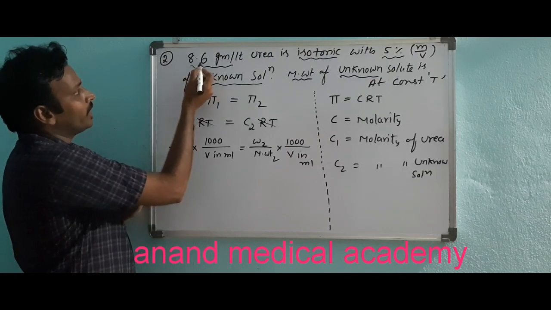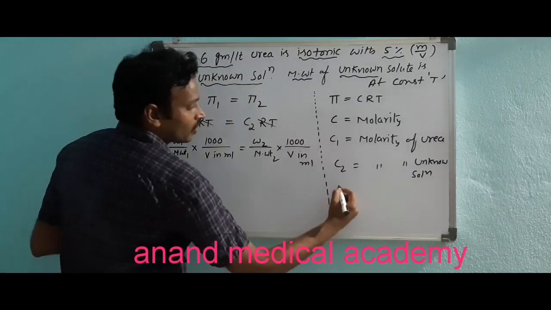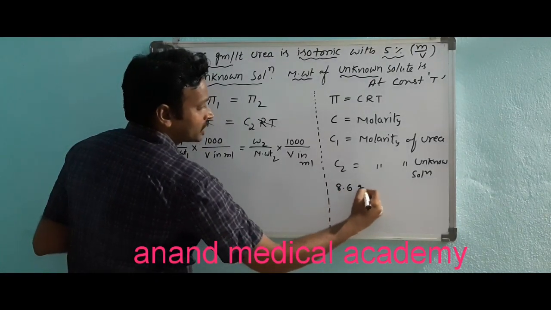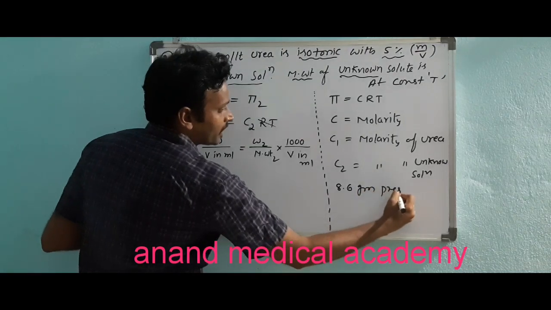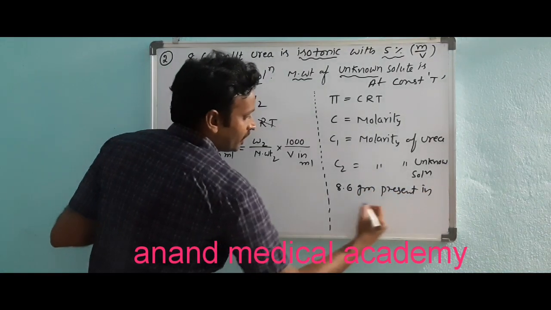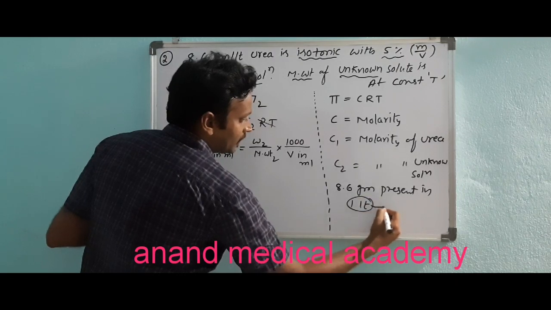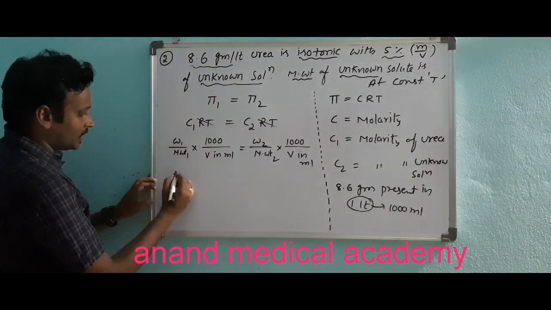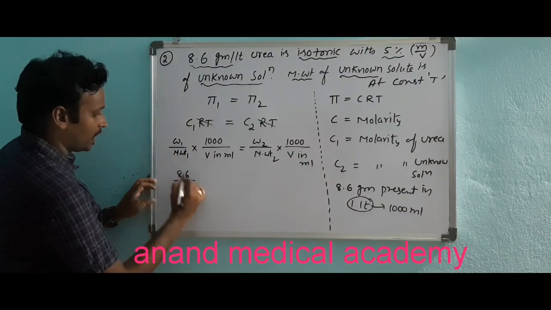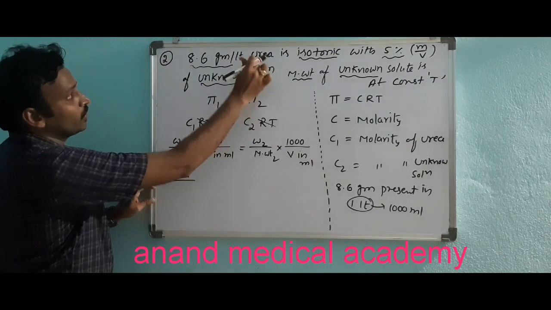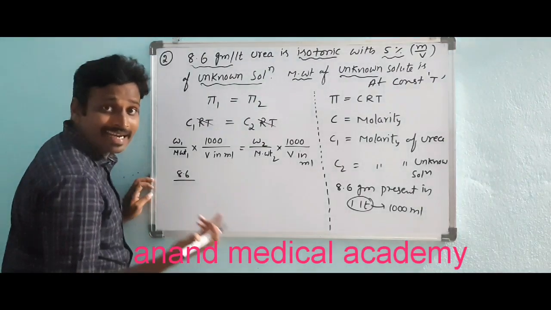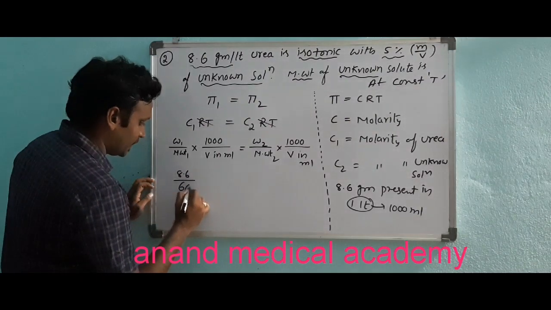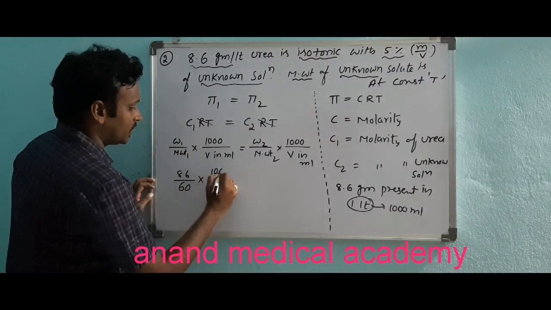See, 8.6 grams per liter. What is the meaning? 8.6 grams present in 1 liter. 1 liter means how much? 1000 ml. So the weight is 8.6 by molecular weight of urea, NH2CONH2, 60, into 1000 by 1000.